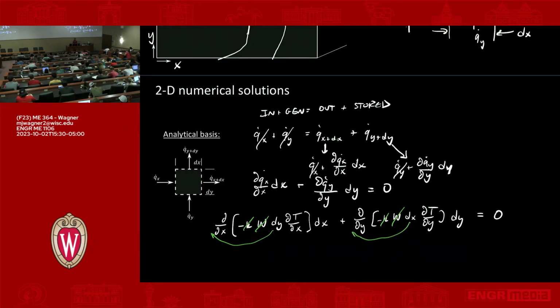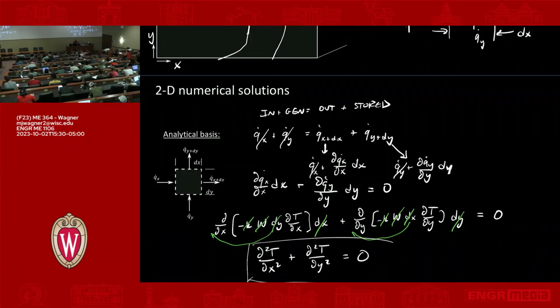So now we have dx dy on both terms, multiplying both terms. So those will fully cancel out. So what we're ending up with here is this PDE, partial squared t over partial x squared plus partial squared t over partial y squared is equal to 0. This is our PDE in terms of temperature.